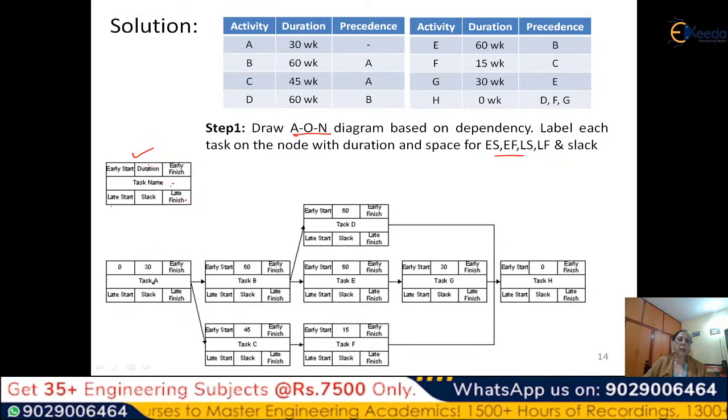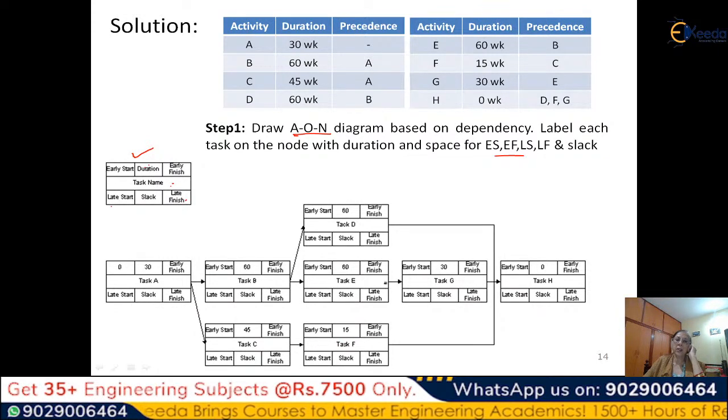So we'll start from here. Initially we will put only the task names and the duration, and depending on the precedence, we will build the activity network. Because B and C can start after A, we will connect these two. Then tasks D and E will start after B is completed. Task F depends on C, so it will come here.